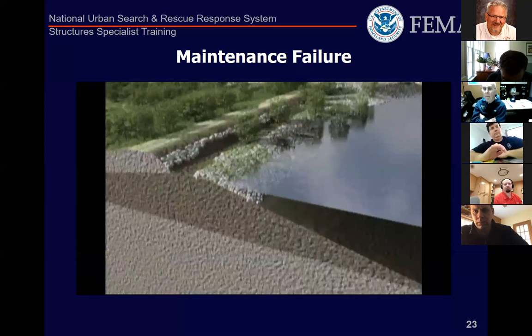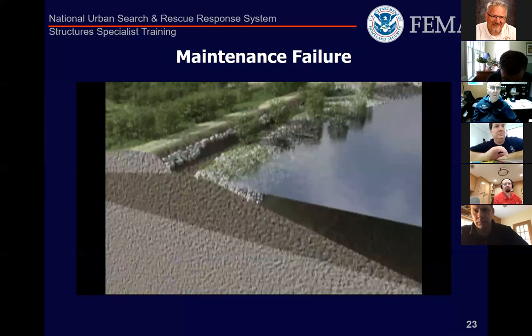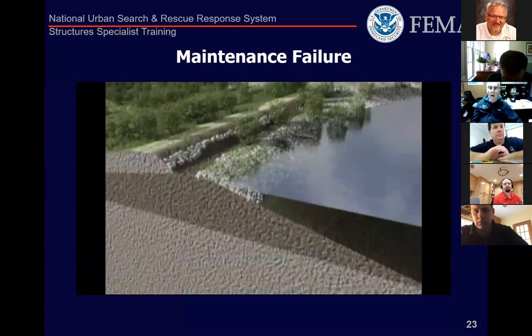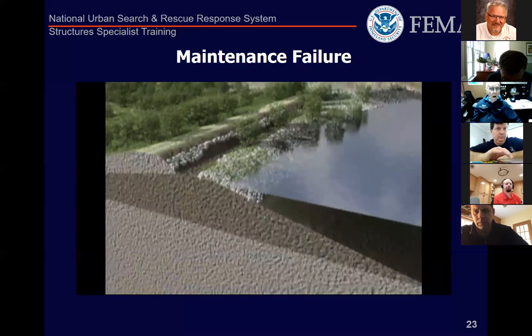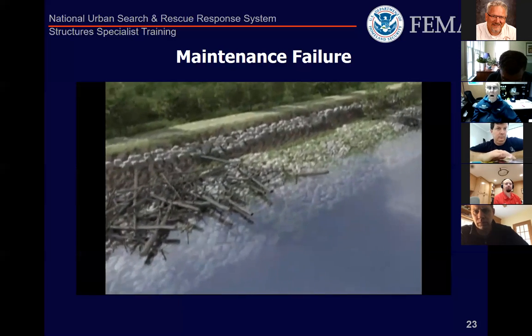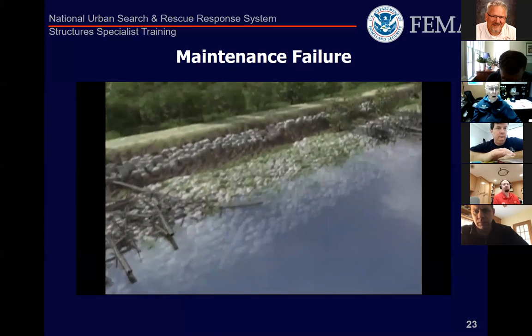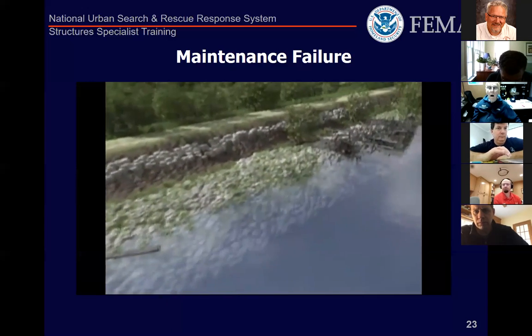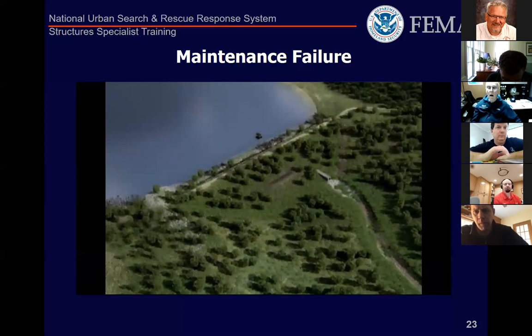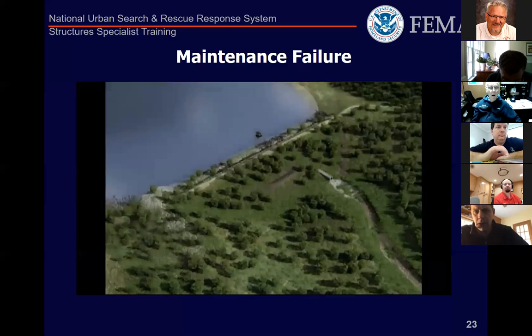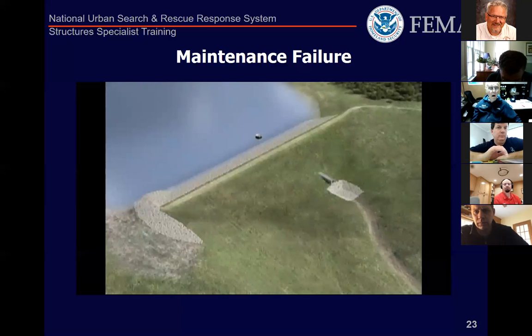Riprap should be carefully inspected and replaced as needed. Wave action can damage the slope protection, exposing underlying embankment soil to rapid erosion. Debris left to collect on the upstream slope can damage the slope protection and hide problems. Keeping a dam in good condition is important and will prevent problems which could lead to failure.